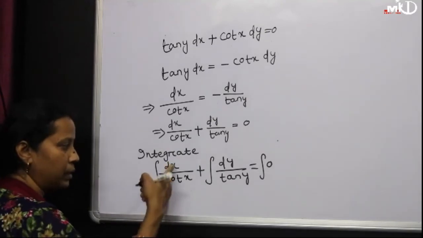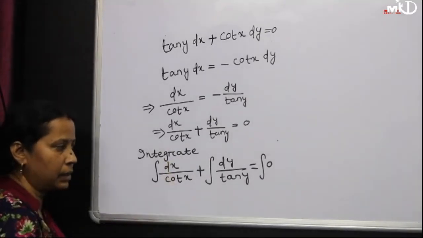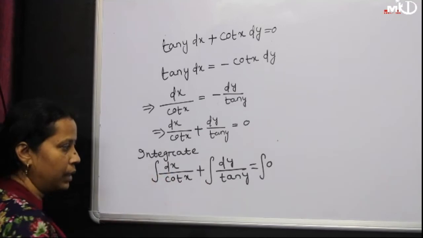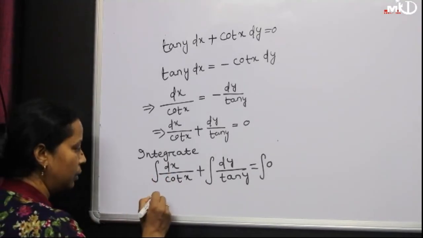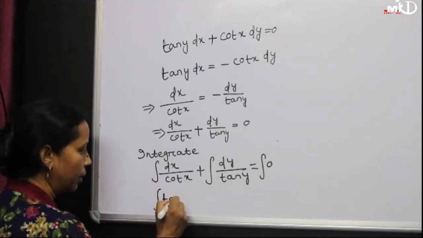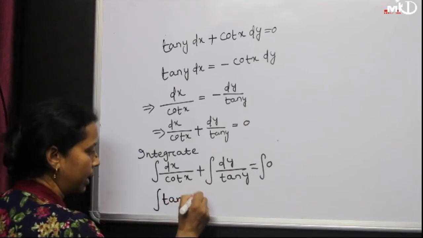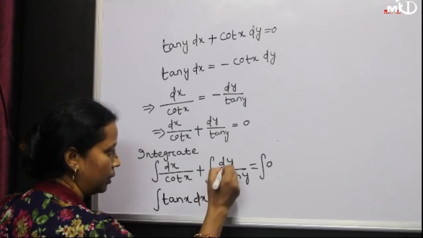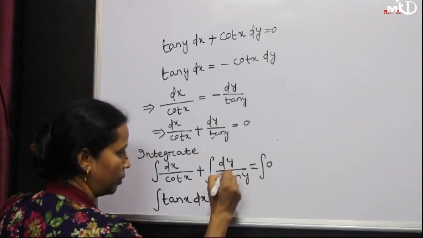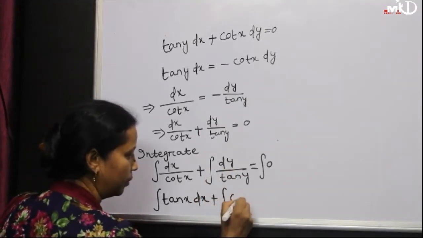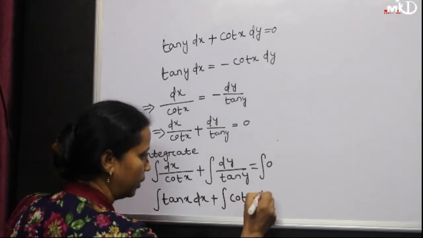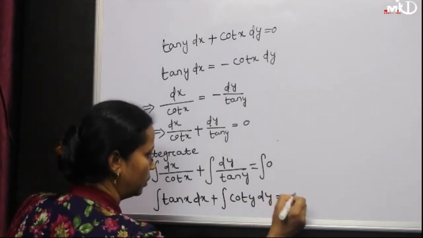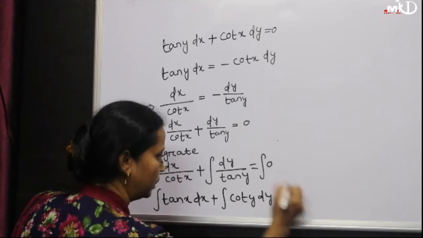Then what is the integration of dx by cot x? That is 1 by cot x, that is equal to the integration of tan x dx plus the integration of 1 by tan y, that is the integration of cot y dy is equal to 0, integration of 0.